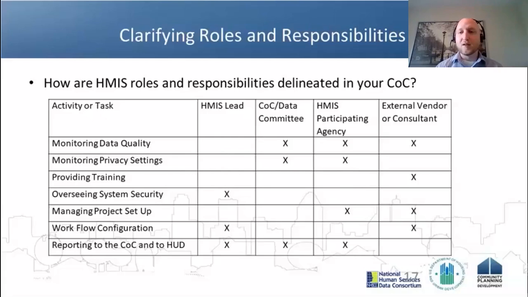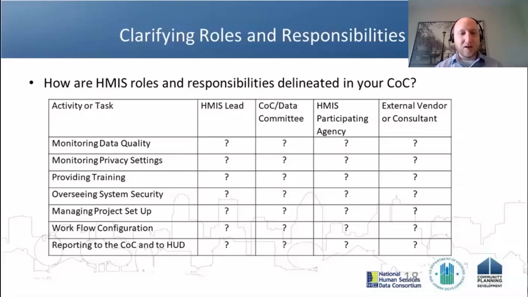The point here is that they have to be defined if we want to understand what our performance looks like, if we want to understand who's responsible for any given activity or task, and ultimately if something's not meeting the CoC's goals or their ideals of where HMIS can be to meet their strategic priorities, we want to see what else we can do to help address those issues.